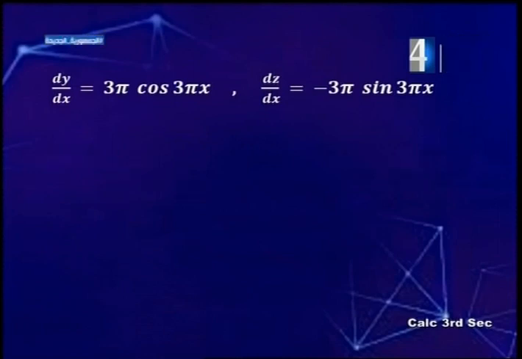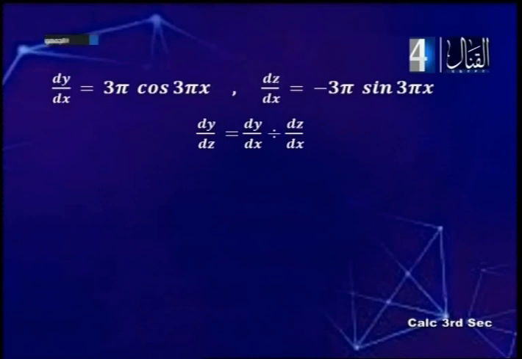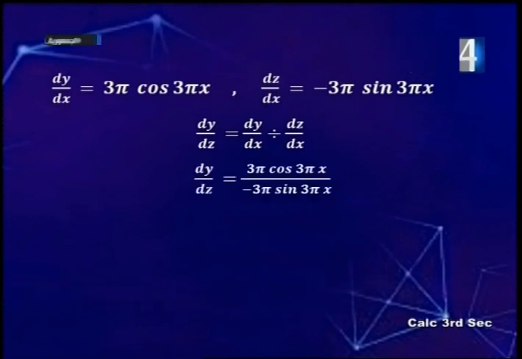Now we have dy/dx and dz/dx. What is the derivative dy/dz? It equals dy/dx divided by dz/dx. We can use parametric differentiation or the chain rule. Then dy/dz equals 3 pi cosine 3 pi x over negative 3 pi sine 3 pi x.